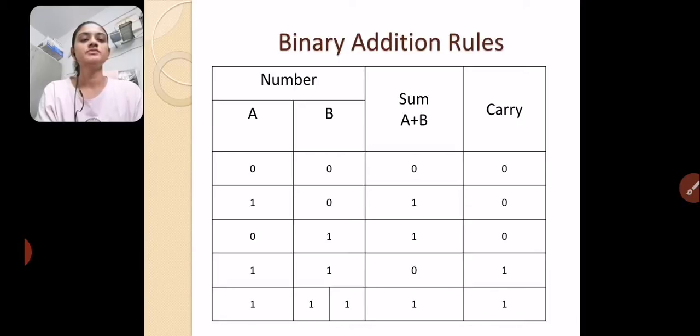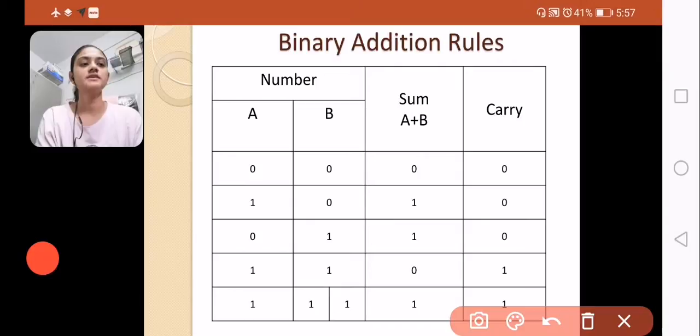Suppose you are given two numbers A and B. For the various combinations of A and B, 0 0, 1 0, 0 1, 1 1, and three 1s, we will perform addition of these bits.